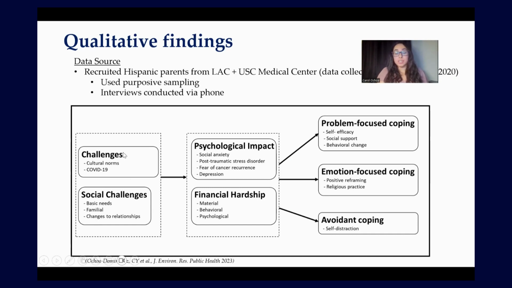It demonstrates some of the challenges they experience throughout the cancer continuum and how that is related to their psychological and financial health, and that leads to caregivers developing coping strategies, which can be described in 3 major themes: problem focused, emotion focused, and avoidant. The most often used coping strategy was problem focused, which included self-efficacy, social support, and behavioral change.